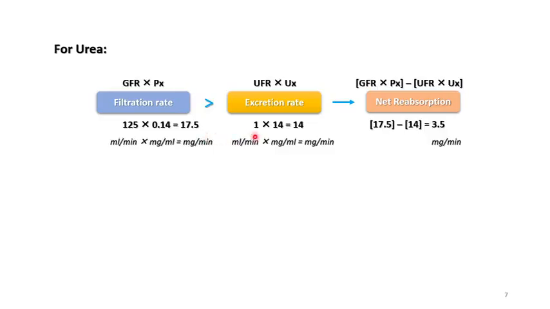Again, even though it is much more concentrated in the urine, comparing with filtration rate, excretion rate again is smaller compared to filtration rate for urea, and again net reabsorption for urea will be 3.5 milligram per minute.